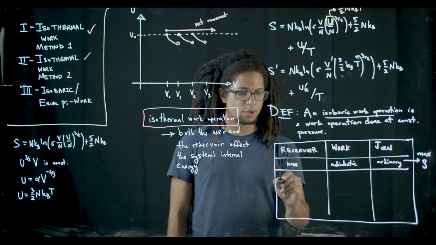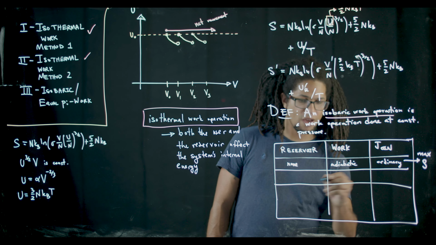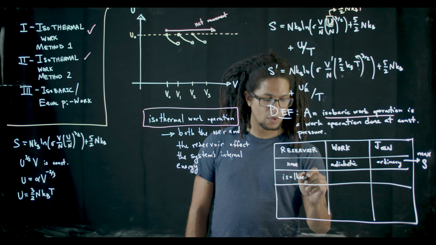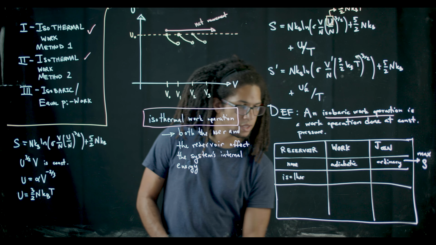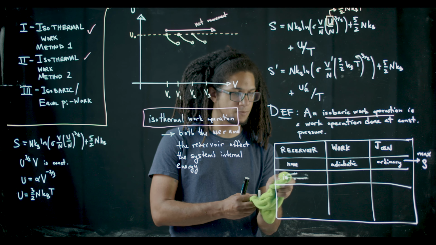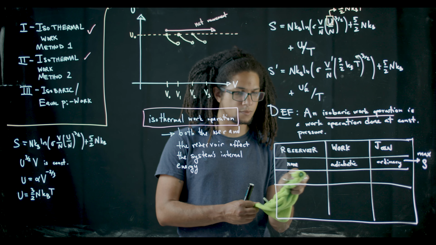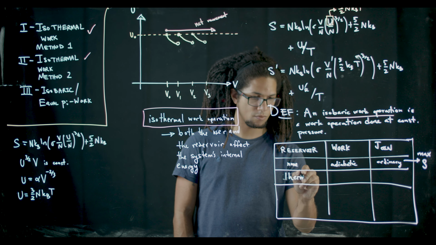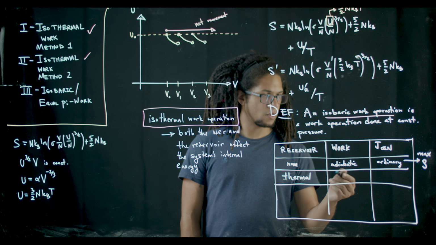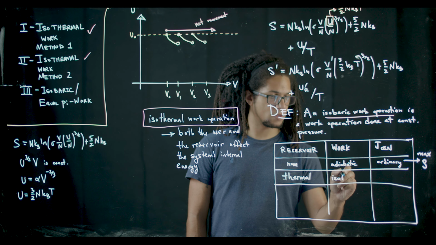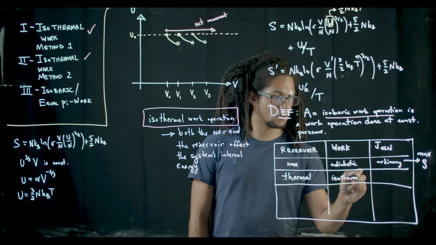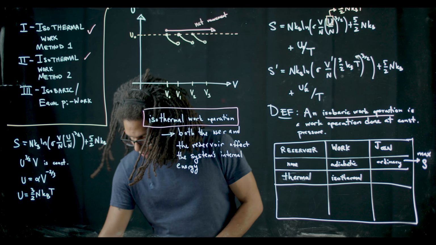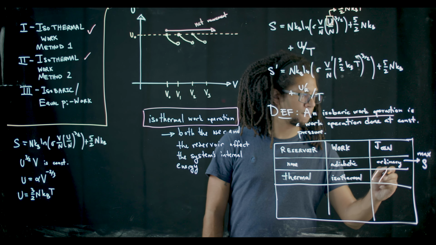Now we've introduced a couple of new possibilities. We have an isothermal work operation. And so I should say thermal reservoir, which allows isothermal work. And we'll leave this box empty for now.